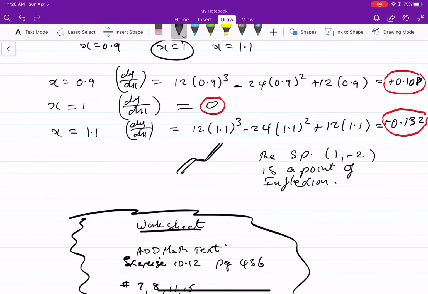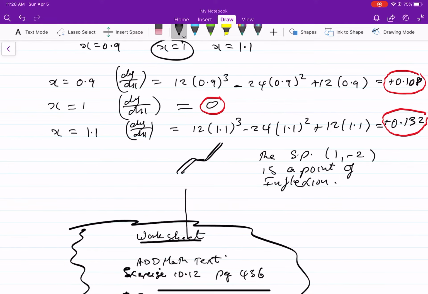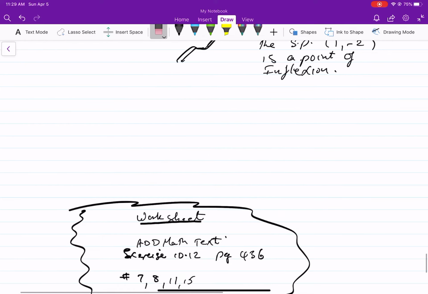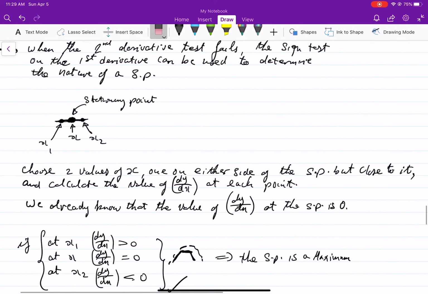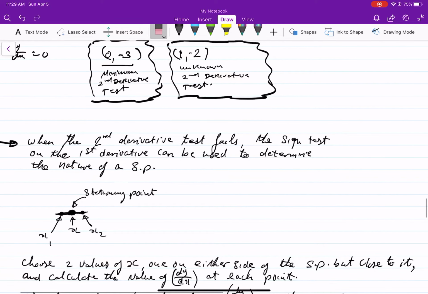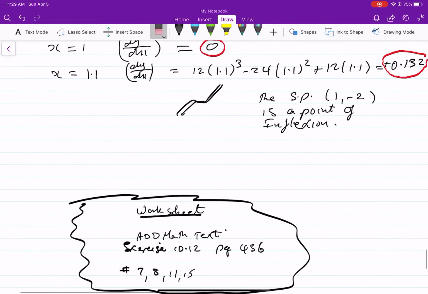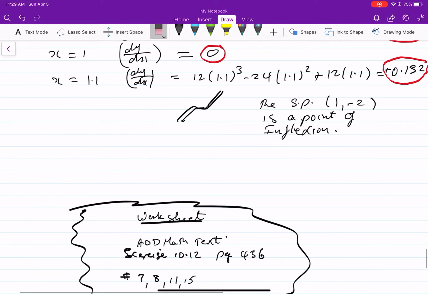What you can do for me is to go back to the other stationary point on the same curve. Remember, we already know from the second derivative test that 0 minus 3 was a minimum point.